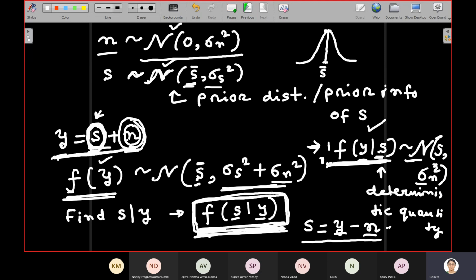Who will tell me the answer? Which formula will you use? We discussed this, just before this one. When we are talking about the conditional densities, we discussed this. What will you do?